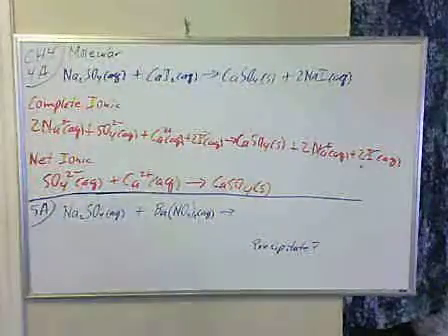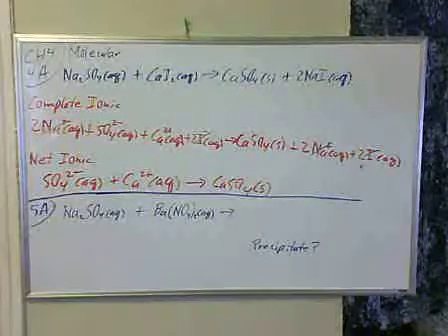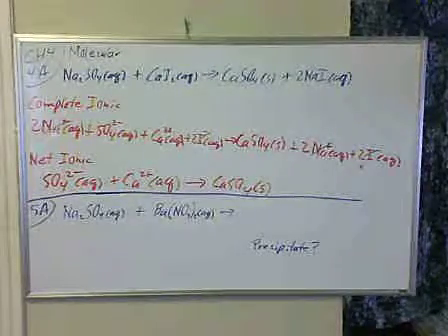So it is the sulfate ion reacting with the calcium ion to produce the insoluble calcium sulfate.